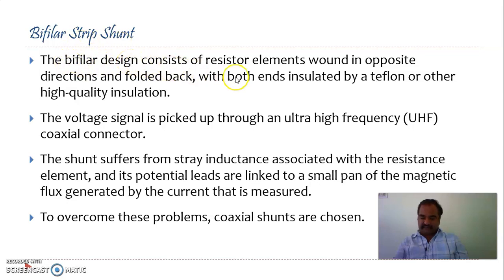It consists of the resistor elements wound in opposite directions and folded back with both ends insulated by Teflon or any other high quality insulation. And the voltage signal is being picked up by some UHF connector. Once again, the bifilar design consists of resistor elements wound in opposite directions and folded back with both ends being insulated by some high quality insulating material.